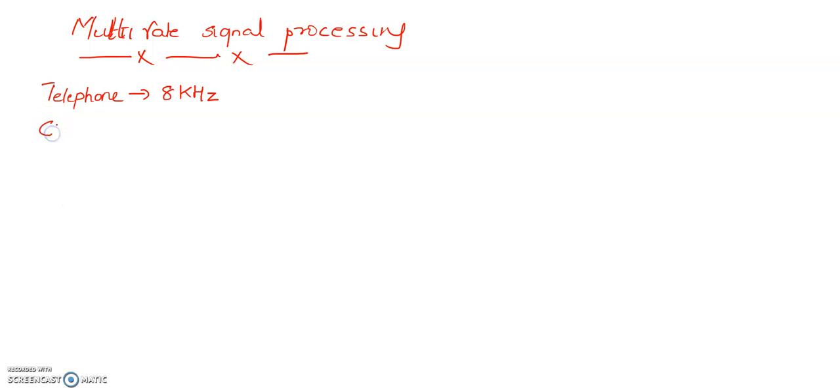Normally, when we hear an audio signal over CD, we have usually seen sampling rates of 44.1 kilohertz. Now, these are just about audio signals that I am speaking about.